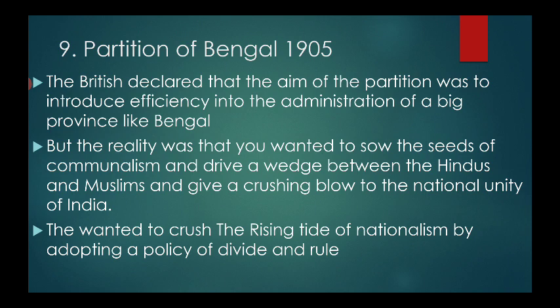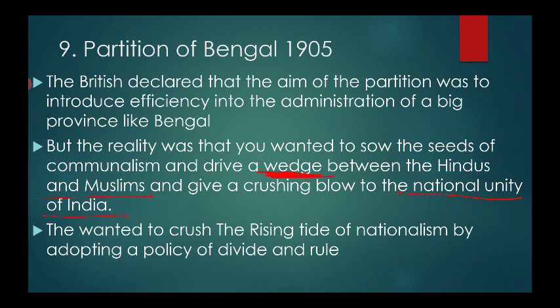Next one, the contribution of Lala Lajpat Rai, Lokmanya Bal Gangadhar Tilak and what? Bipin Chandra Pal. The contribution of this trio is remarkable. The enlightened leadership of Lal Bal Pal was the most important factor which contributed to the rise of assertive nationalism.